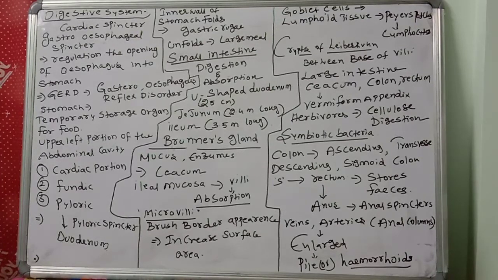Then tartar, calculus, plaque formation, gingivitis, and the tongue, taste buds, papillae, gullet, pharynx. So these all parts in the last class we discussed, right?